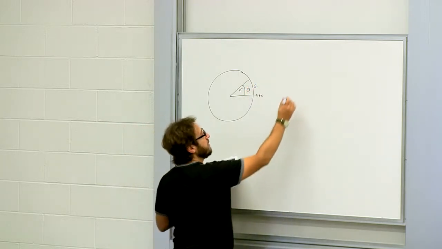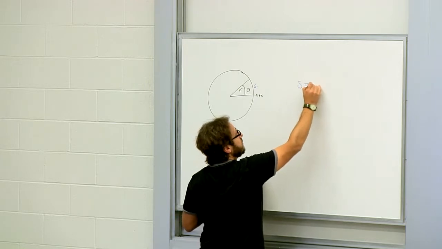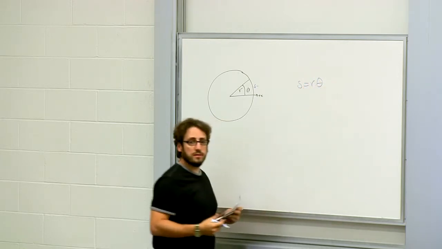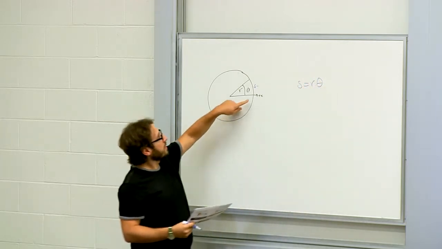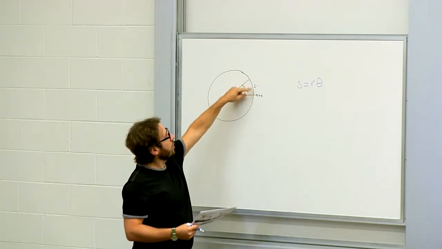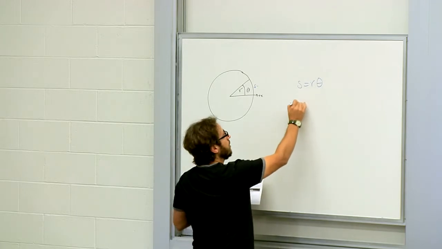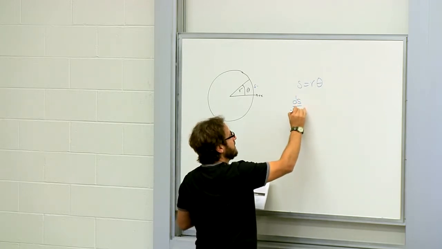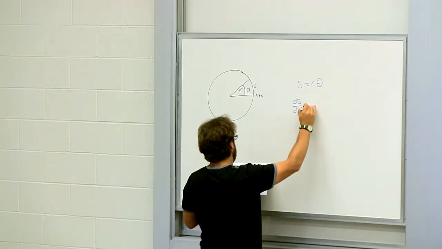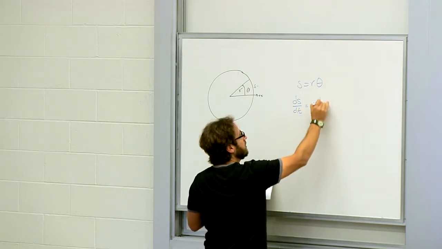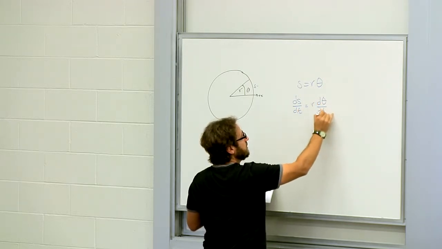We said earlier that s is equal to r theta, right? So we can think about the motion, how far along the circle you moved if you moved a certain angle. Okay, so let's think about the velocity for s, ds dt, right, is r d theta dt.